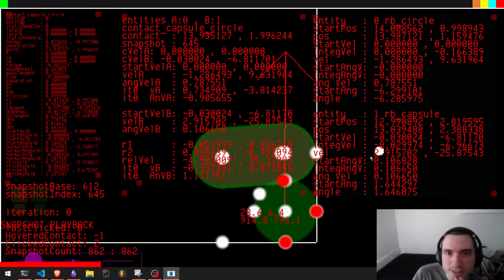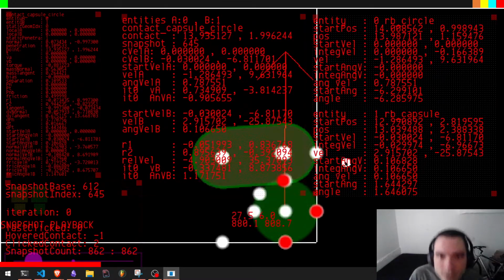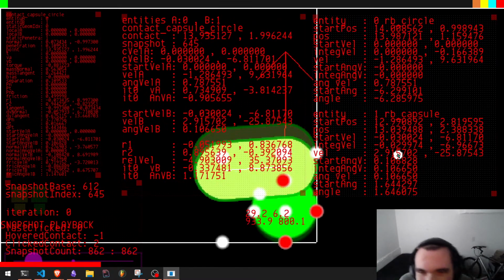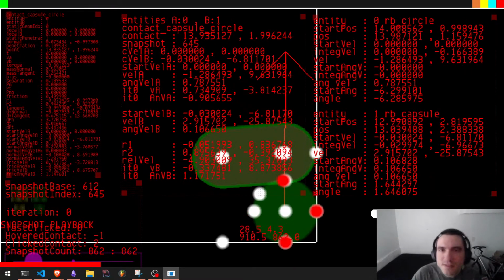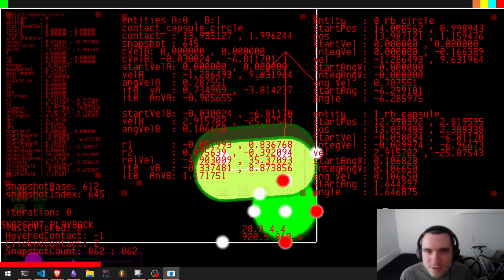Start angle is 0.1. Starting angle is 1.6.